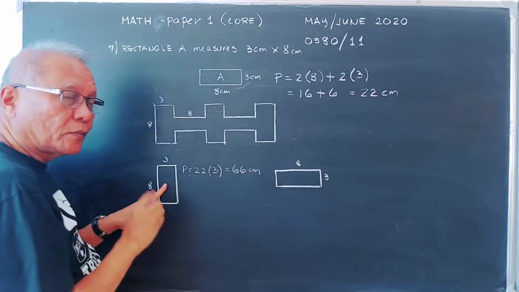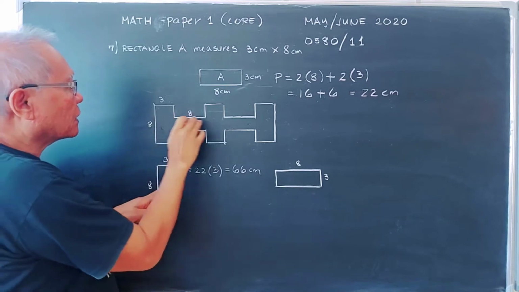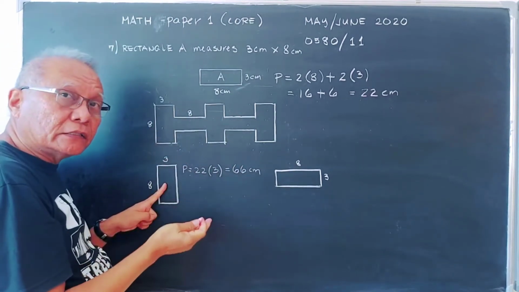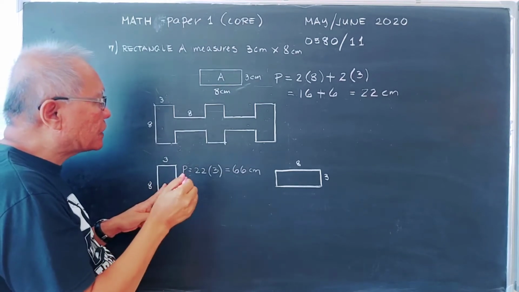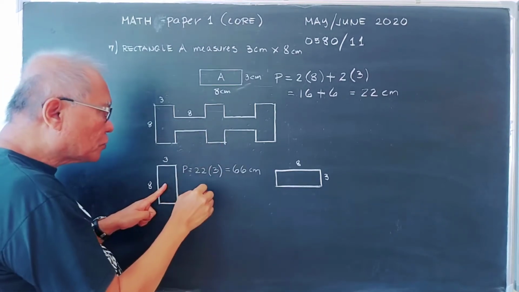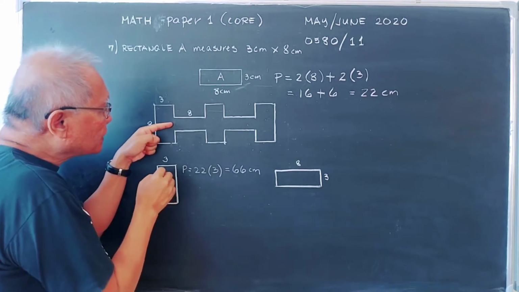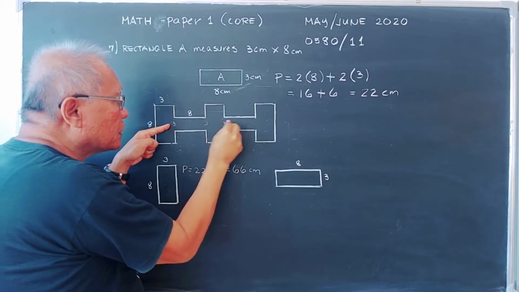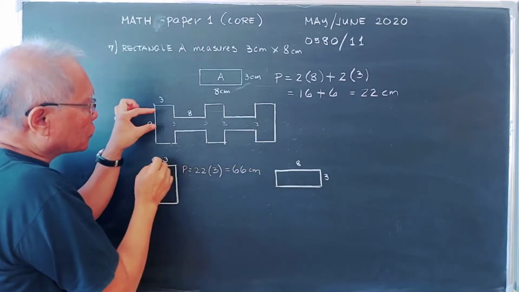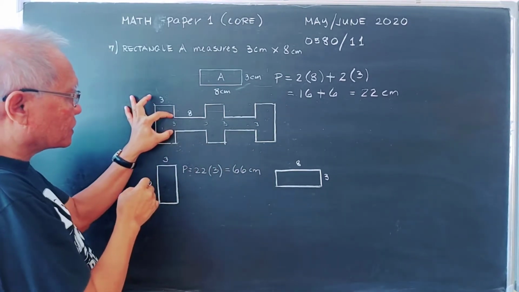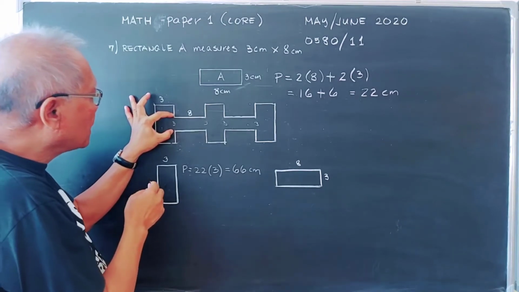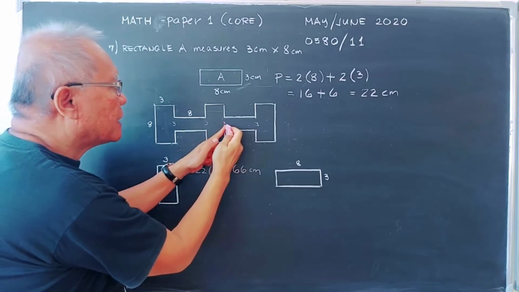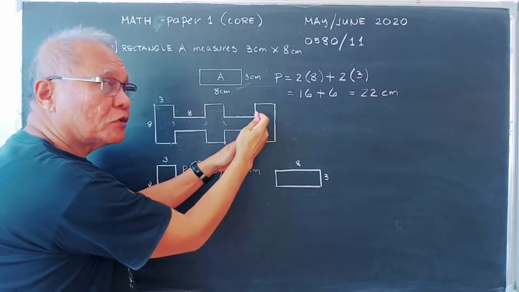But for the standing rectangles, we have to subtract the portion of one side or two sides here. So how many 3s are we going to subtract? Because this one is 3, 3, 3, and 3. So we are going to subtract this side on the first standing rectangle: 3 plus here 2, that is 6, 9, and here only 1, which is 3.